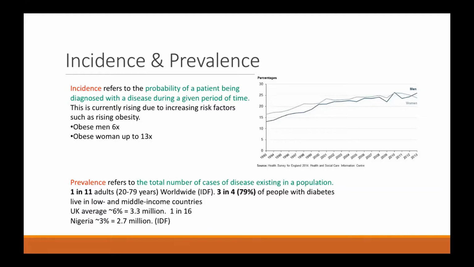So these stats go to show the importance of the role that we play as optometrists and healthcare professionals in detecting and managing diabetes and diabetic eye disease, especially since the retina is the only structure in which we as healthcare professionals can see the blood vessels clearly without having to perform any form of invasive procedure. So you don't have to cut someone up to be able to see the blood vessels.